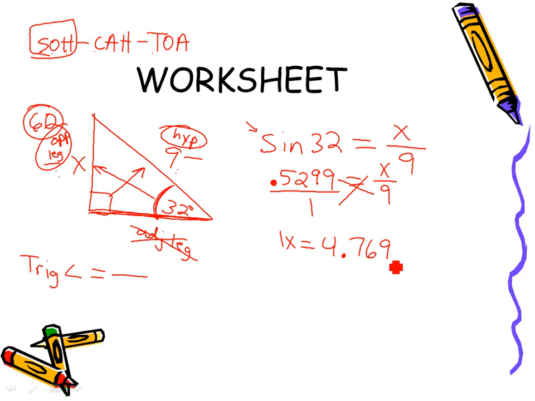It said round your answer to nearest hundredth. So that means we want to go out 2 decimal places. So x is 4.77. And I didn't even look at our units. They didn't give us any units on that one. So x is 4.77.